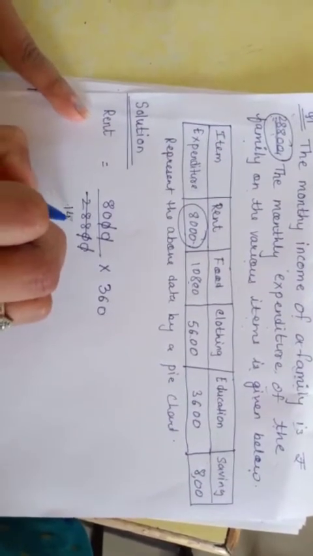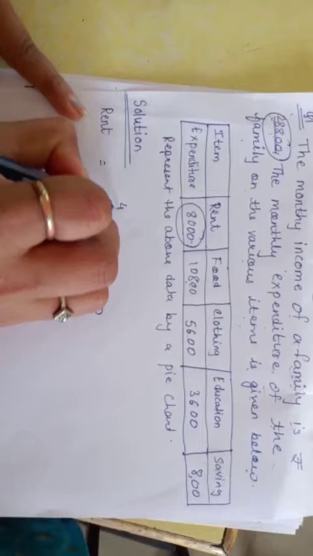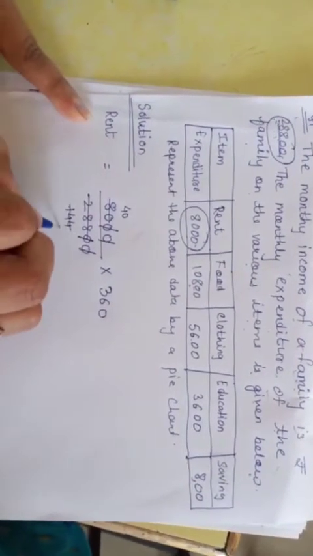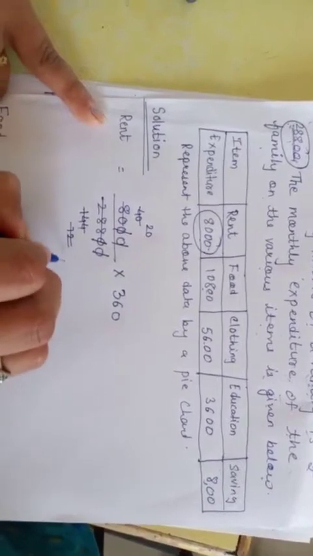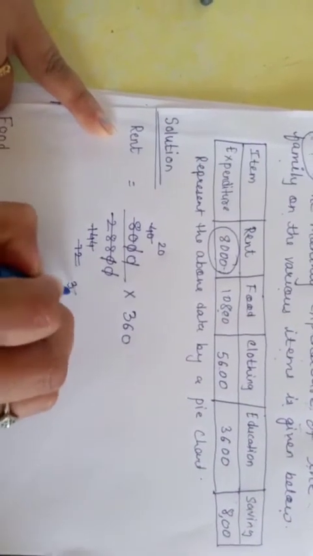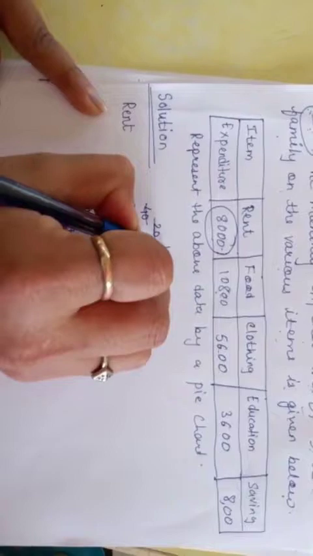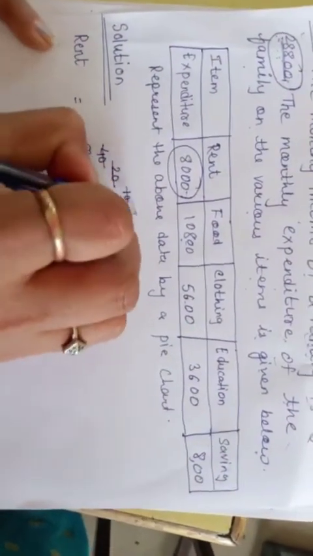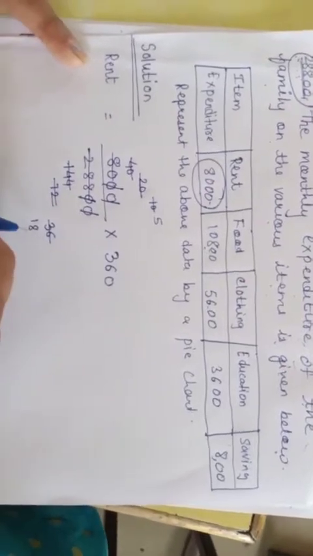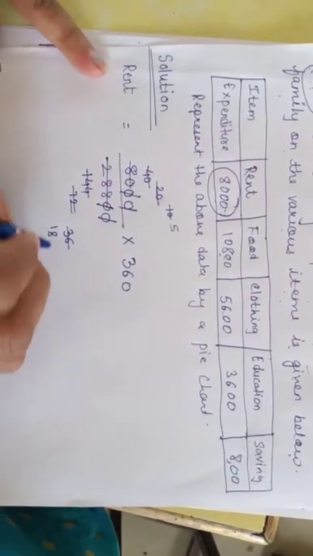So this is 144. This is 40. This is 72. This is 20. Then we have 36 and 10. Then we have 18 and 5. Now what we will be doing for this also.